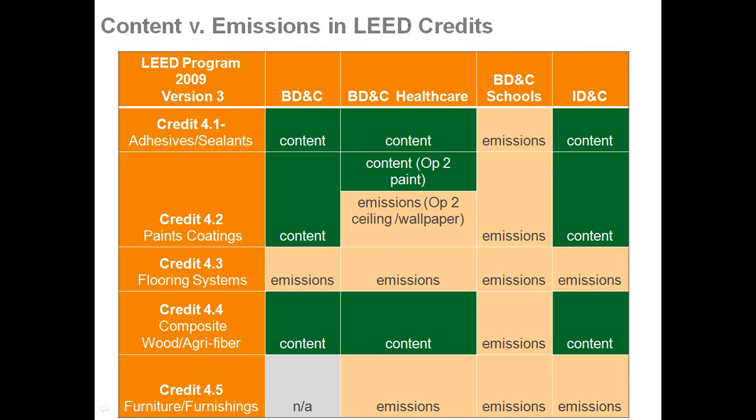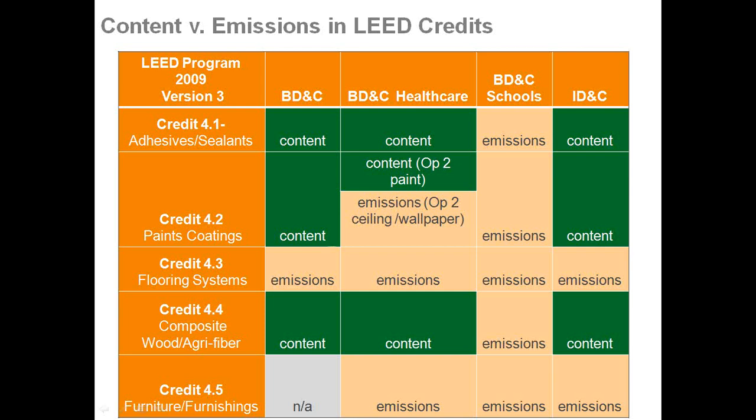So as an example, if you look down the left side, we've taken the low-emitting materials credit as shown. Across the top in orange, you see 4 of the LEED rating programs: buildings under construction, which is formerly known as new construction, new construction for healthcare, new construction for schools, and commercial interiors.